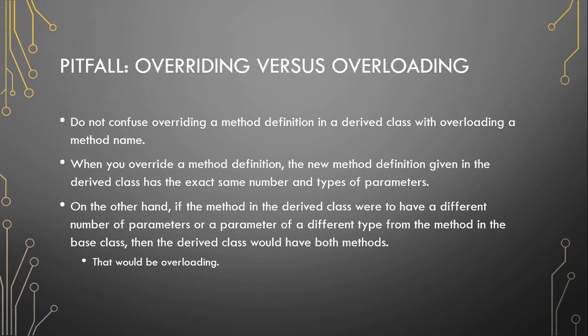Specifically, though, at this point we'd probably more likely consider this to be overloading, right? Because you're changing the parameter values. Whereas if you look at overriding, it's more of you just change what happens inside the method. That's a good way to think about overriding: change what the method does. Overload: change the parameters of the method.